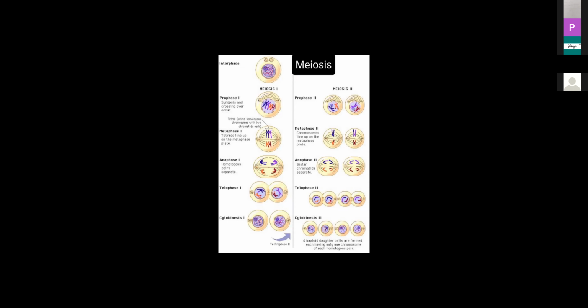We move to the last point related with the meiosis, and that is significance of meiosis. That is our next topic, significance of meiosis.